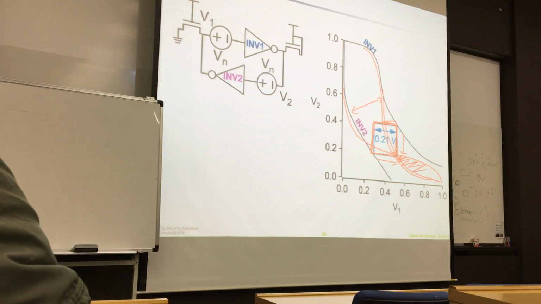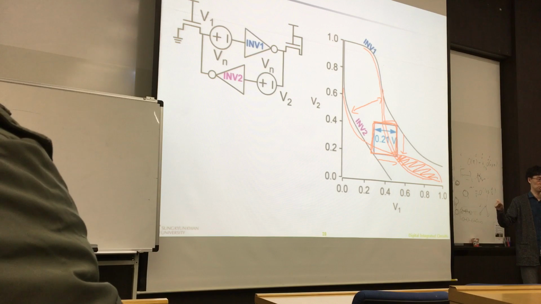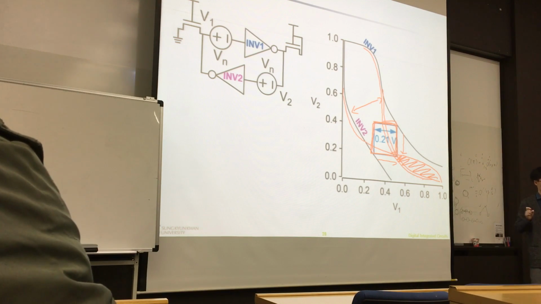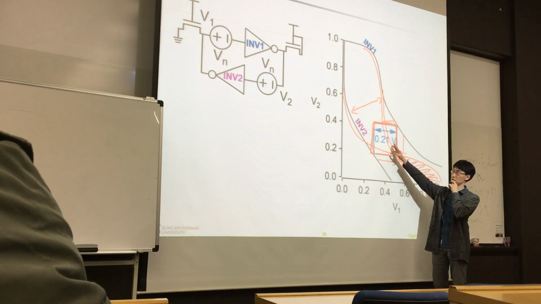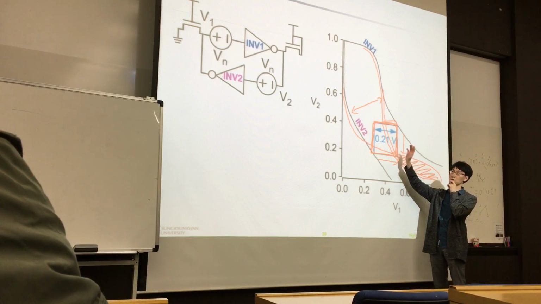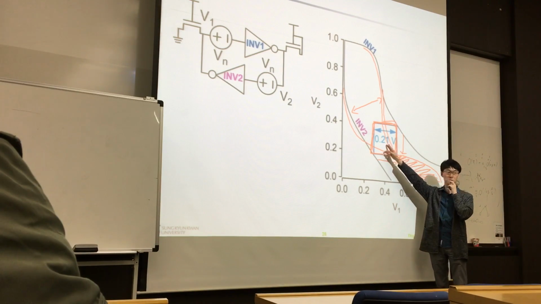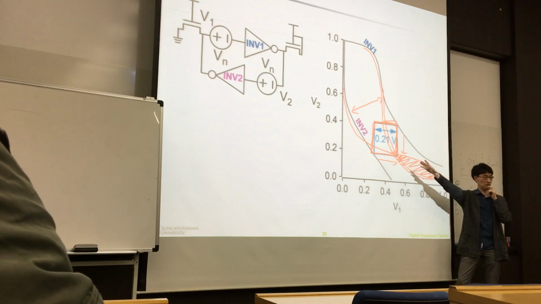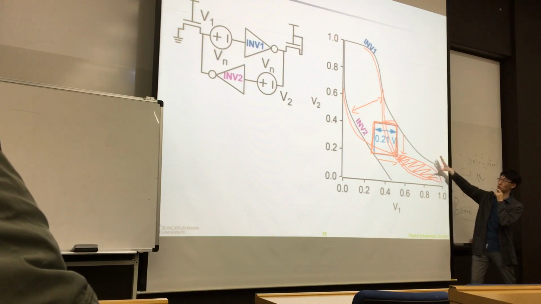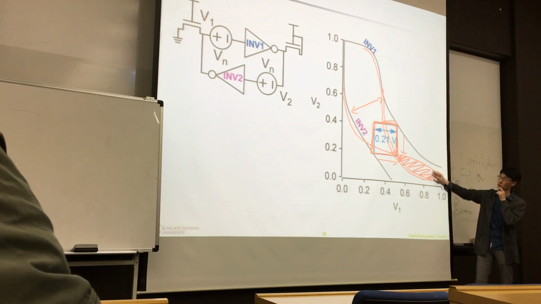Now you start to have an overlapping area. That means you can actually stay with the original value, which is not what we want, right? So this can be the noise margin for write operation. So if we have noise smaller than 0.21 volt, we should be able to write, because there's no overlapping area on this side. We should go that way.